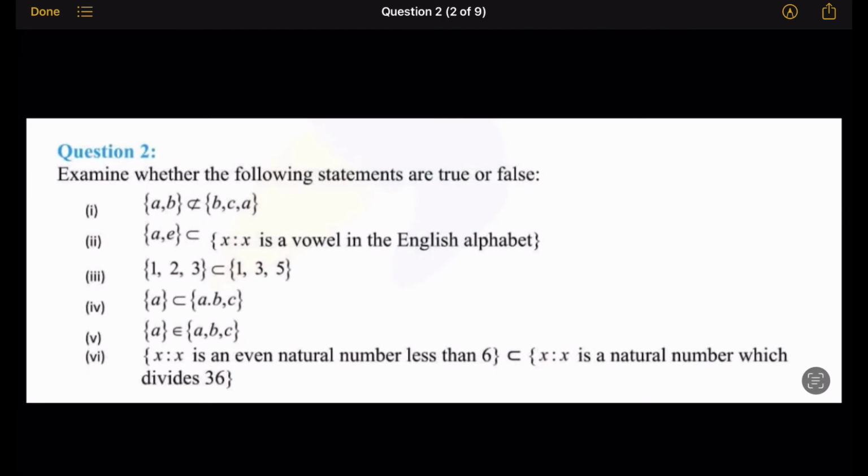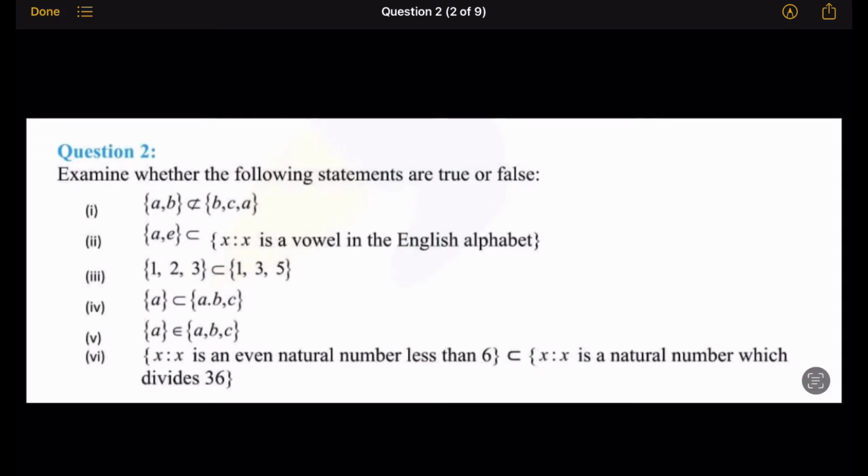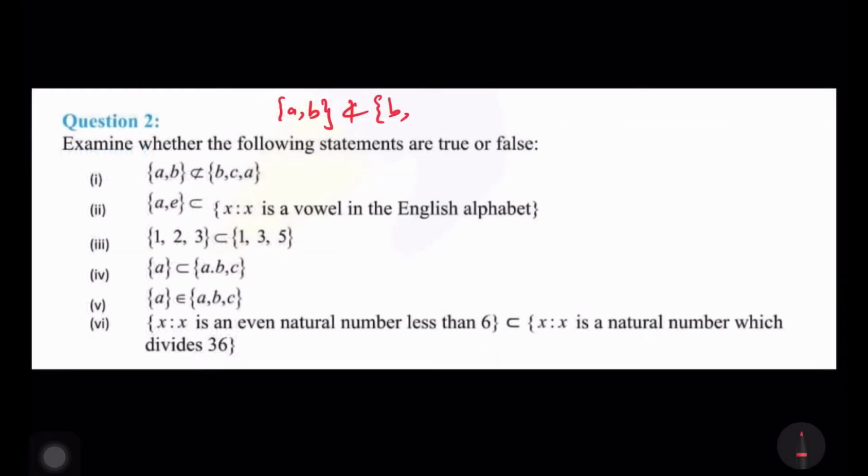Now going into the second one. In the second one, examine whether the following statements are true or false. First one, {a, b} is not a subset of {b, c, a}. Now, what is the difference between subset and belongs to? I'll just tell you all. See over here, you're having these elements.